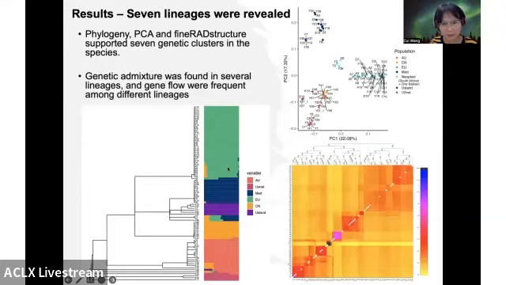For example, this EU lineage is admixed with the MED lineage here and here, and the CN lineage is mixed with AU in this individual and here. And it's interesting that some individuals have genome admixture from 3 groups, and we will talk about that later.